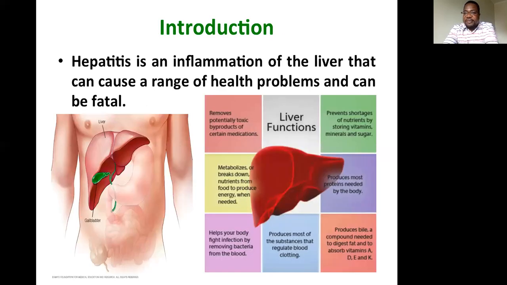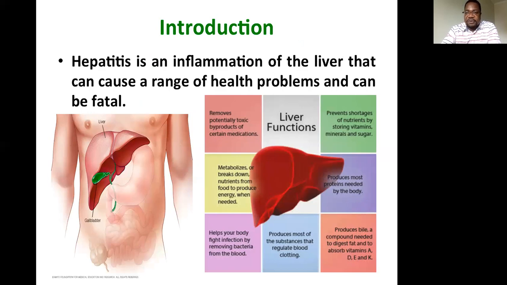So what is hepatitis? Hepatitis is an inflammation of the liver. That's what we call hepatitis. This can cause a range of health problems, and some of them can be fatal.